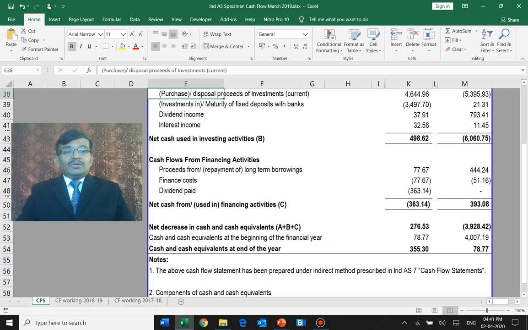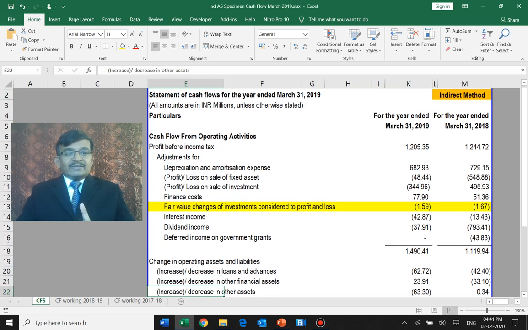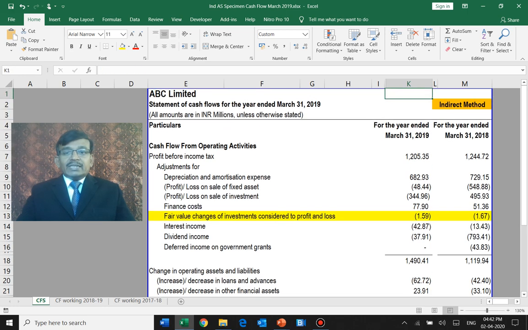And when we are doing this activity, we have one important aspect. In the first example which we have seen, the company has generated a profit of 1205 million INR.